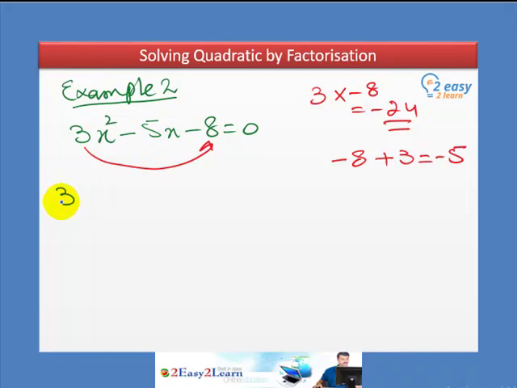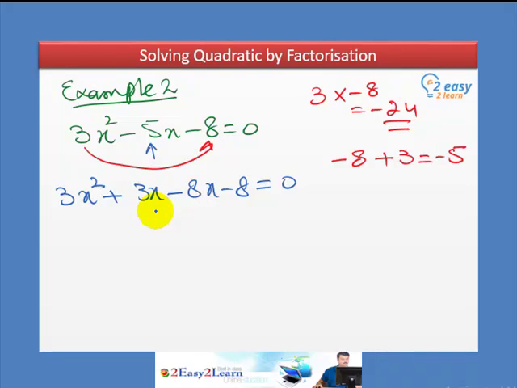So it can be written like this: 3x square plus 3x minus 8x minus 8 is equal to 0. If you simplify 3x minus 8x, it is equal to negative 5, so we have broken down this negative 5 into these two terms. Now make two groups by using the grouping method.